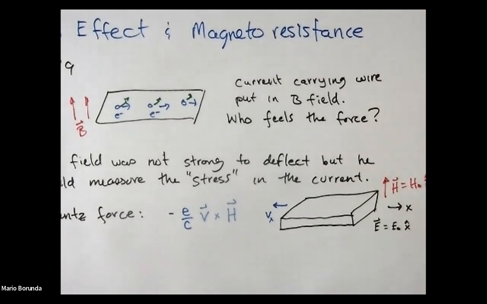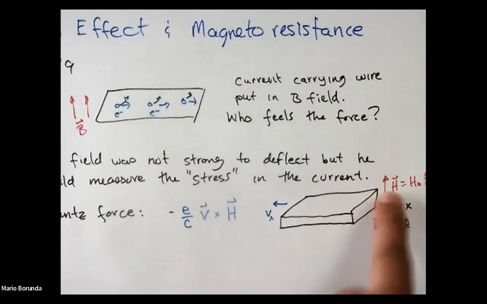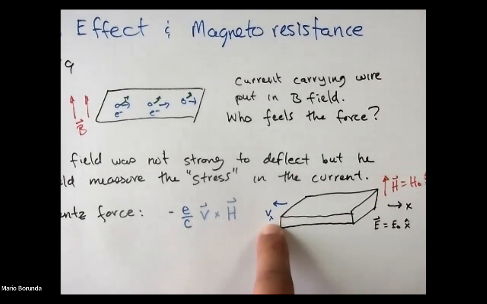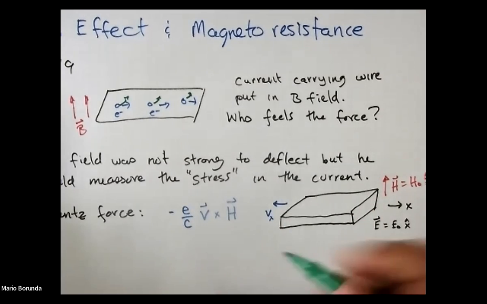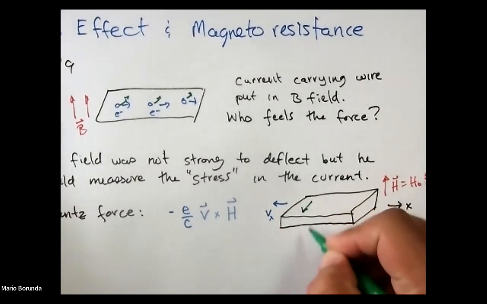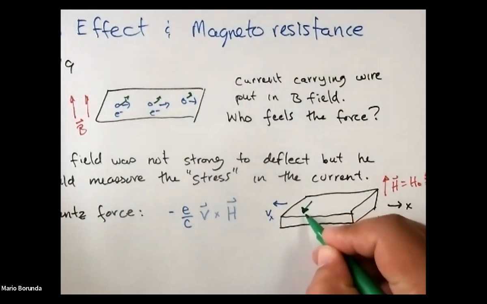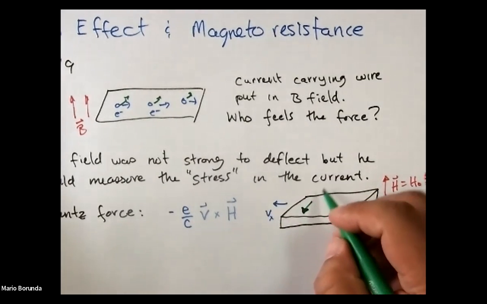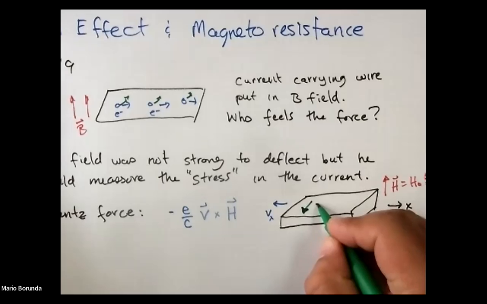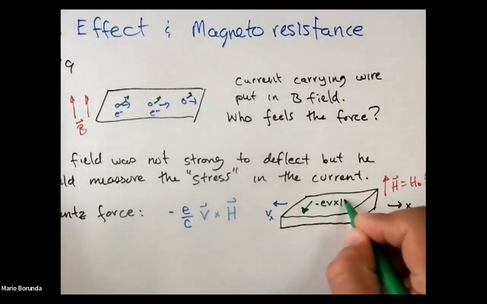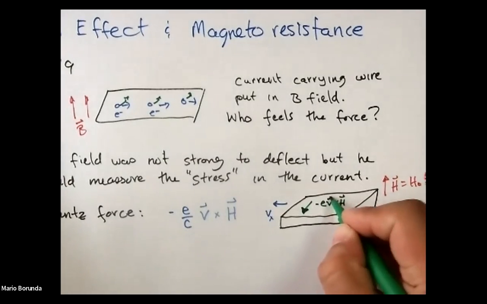So if we go with negative e, v cross B, this is the direction, but then you have the negative, so you would have a force going in this direction, right? And this would be the negative e, v cross B force. Questions?